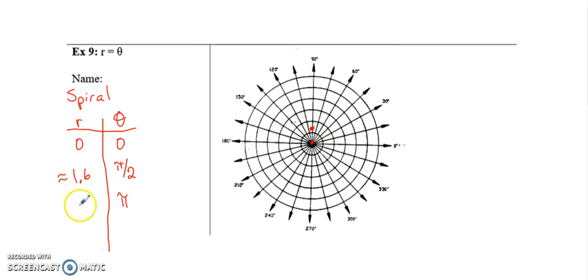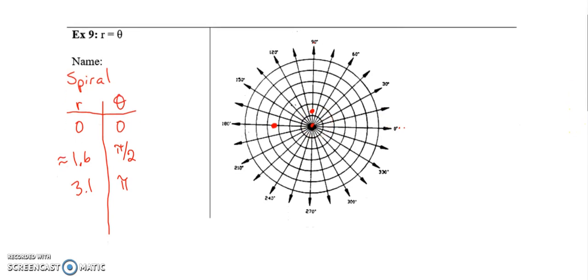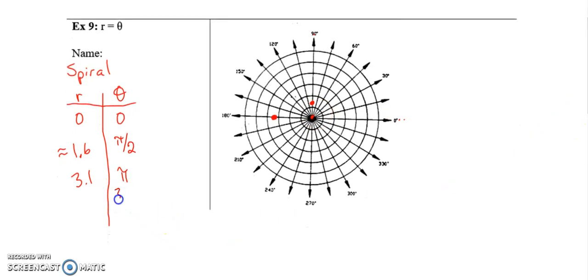At pi, we know what that is, 3.1. Don't worry if these are small, or if you're going a little over one way or another. At 3 pi over 2, that's about 4.7, pretty close to about there.